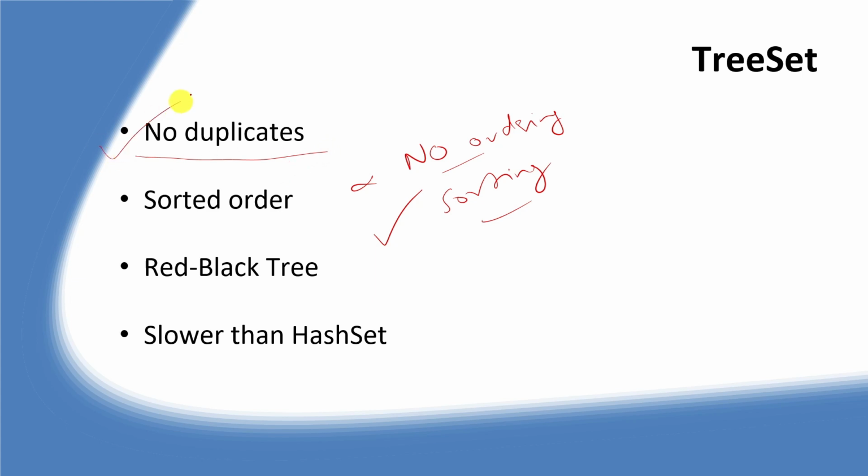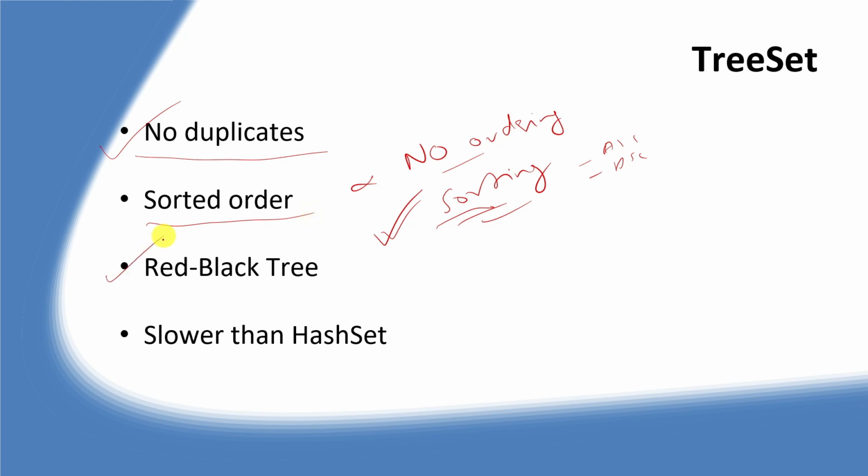So TreeSet also has no duplicates. And it provides sorting. That means at object creation, we can tell this implementation class whether it should be sorted in ascending or descending order. So it provides sorted order.